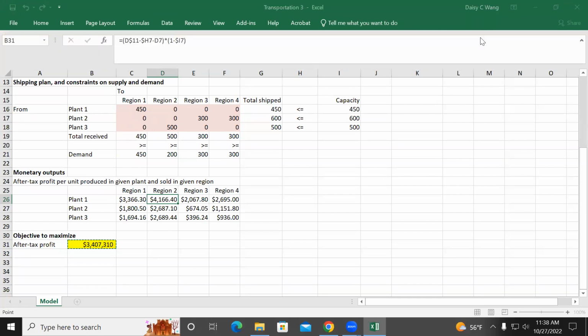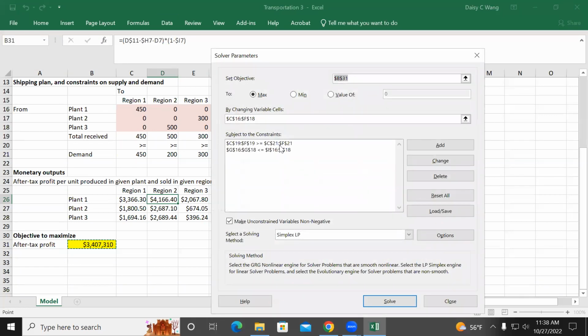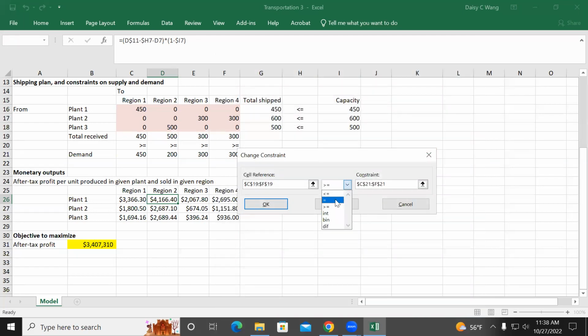So we have to change this to equal. Or what you can do is, usually when we set up demand, we already have some buffer inventory, let's say 5% extra cars in case someone wants to buy a car. But in this case, we should use equal.